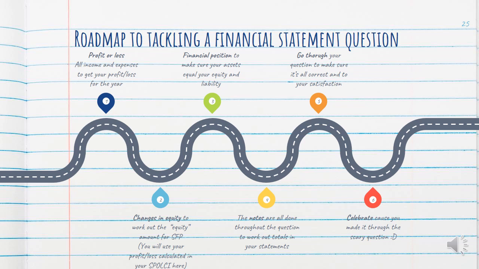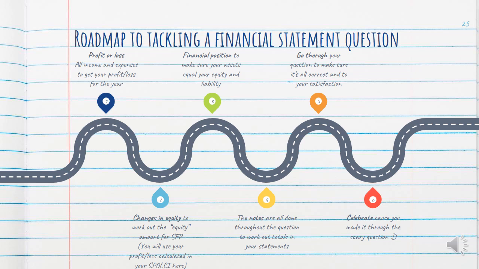So the first statement that you will tackle will be your statement of profit or loss and other comprehensive income. Once you have done that statement, you will have your profit or loss for the year, which you will then slot into your statement of changes in equity.